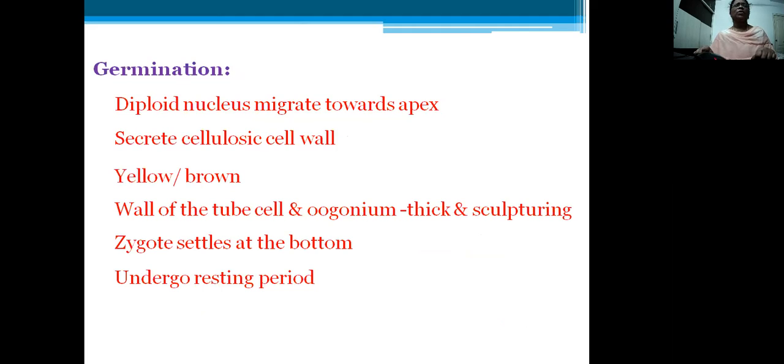The zygote, which is diploid in nature and formed after fertilization, undergoes meiosis and produces four haploid nuclei. Then a transverse division forms two cells: a distal small cell and a lower large cell. The large cell at the base has three haploid nuclei, which will disintegrate.